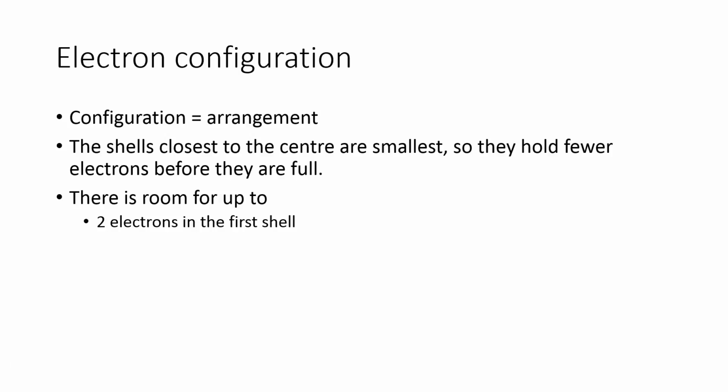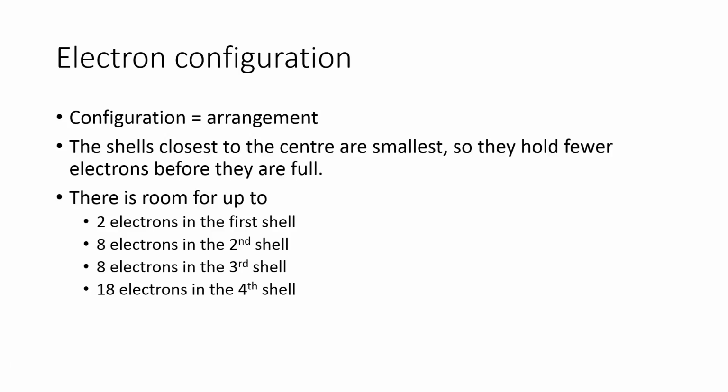There is room for up to 2 electrons in the first shell, 8 electrons in the second shell, 8 electrons in the third shell, and up to a maximum of 18 electrons in the fourth shell. So if our first shell is a little bit like a Barina that's very small and doesn't have many seats before it's full, the fourth shell is a bit more like a small bus where there are many, many more seats and can therefore take many more passengers before it fills up.